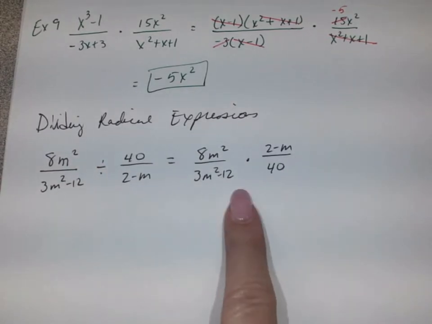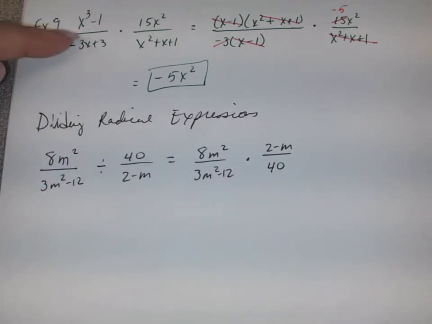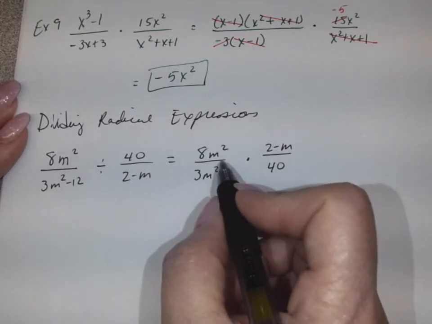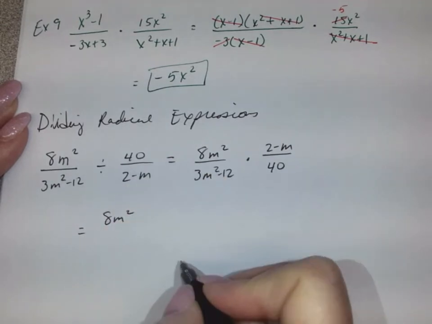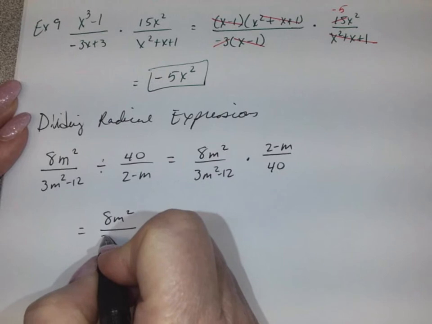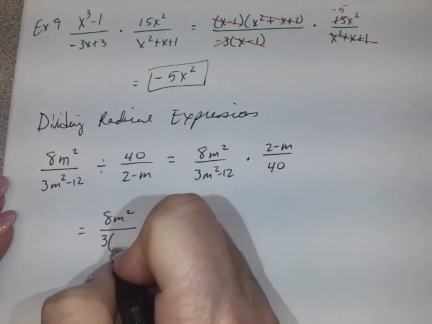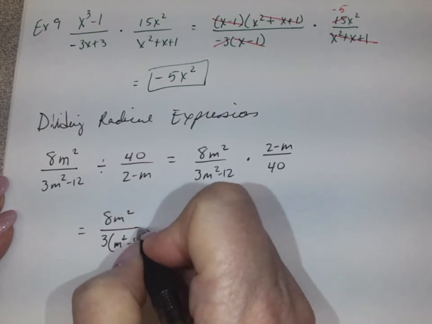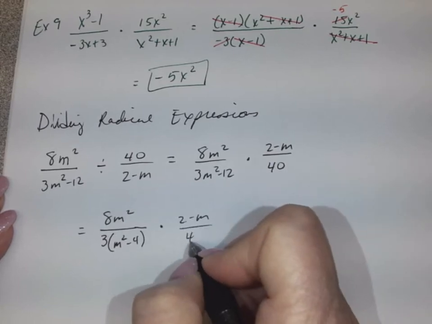Now that we have this as multiplication, we can move forward and do what we did in the previous problems. So our 8m squared is going to be the same. Our 3m squared minus 12, we can factor out a 3, and m squared minus 12 then becomes m squared minus 4, times our 2 minus m over 40.